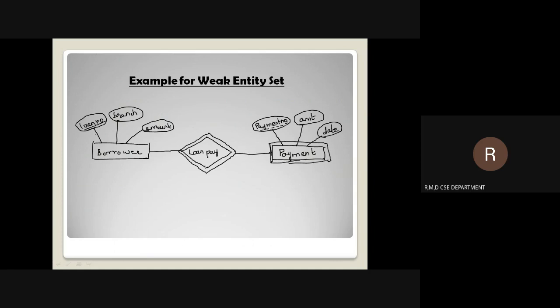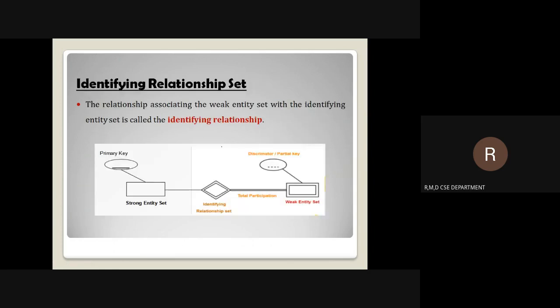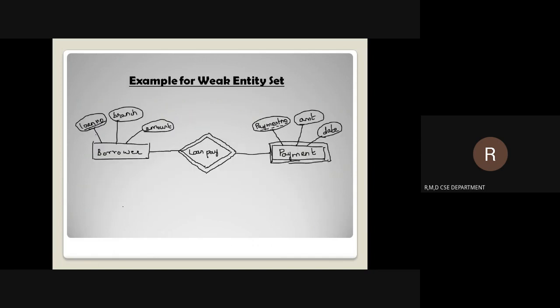Also, we noted in the previous structure that there should be a total participation of the weak entity set with the strong entity set. That means every entity of the weak entity set should be associated with at least one entity of the strong entity set. So here we should put the total participation.